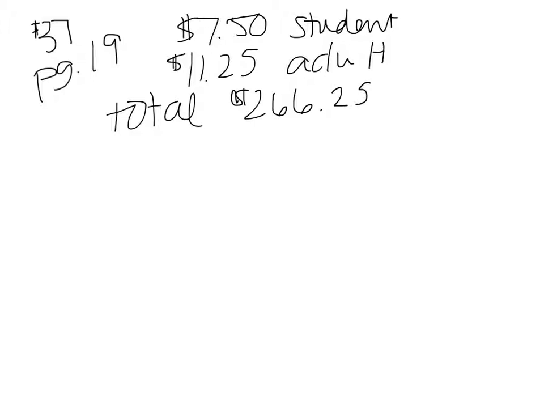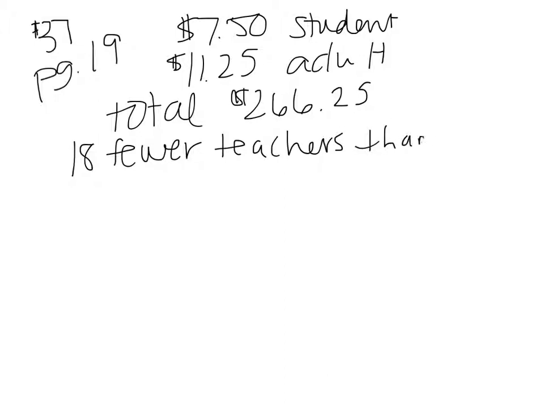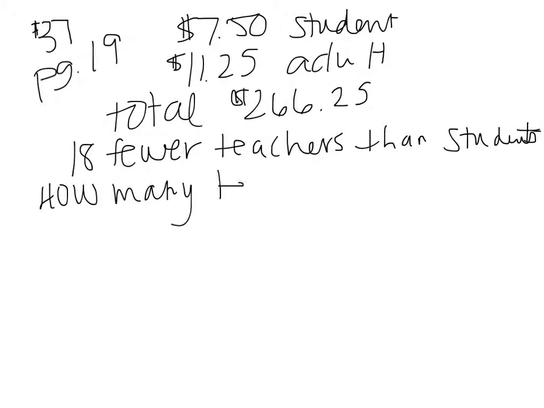Then we were told that there were 18 fewer teachers than students. So the question is, how many teacher and student tickets did they buy? I should say, how many adult teacher and student tickets were purchased?